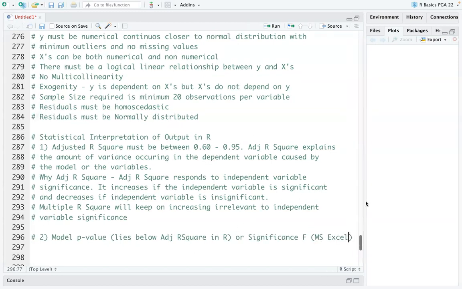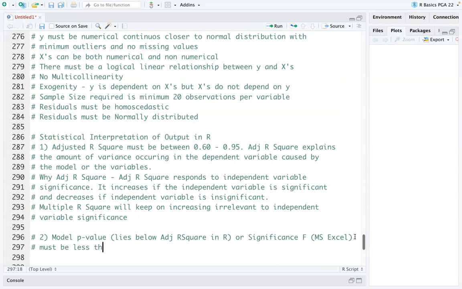Model p-value which lies below the adjusted R square in R, or in Excel we call it significance F, must be less than 0.05. The model p-value which you will see just below the adjusted R square must be less than 0.05.